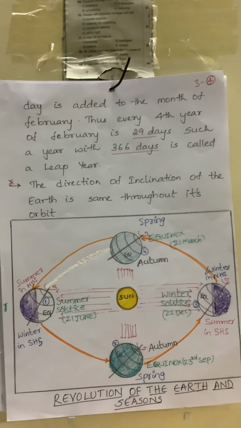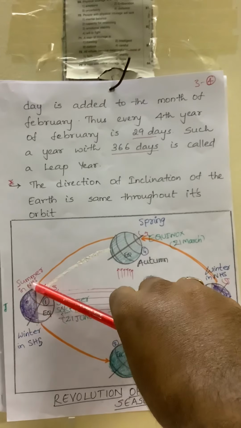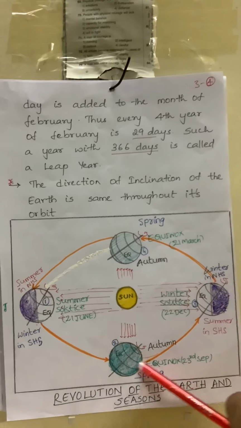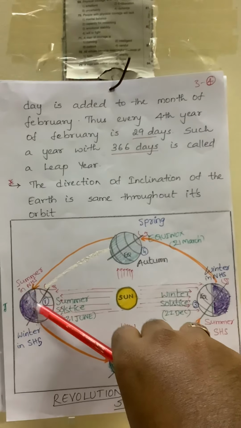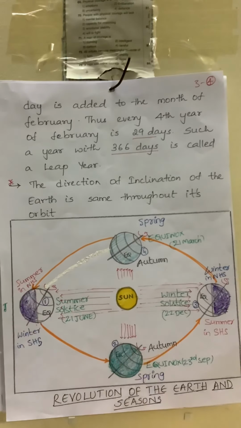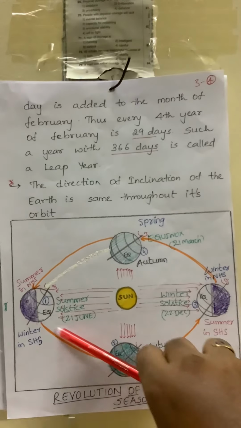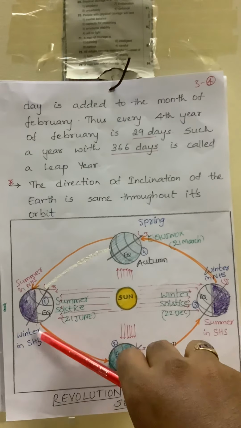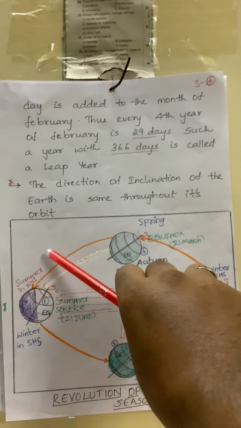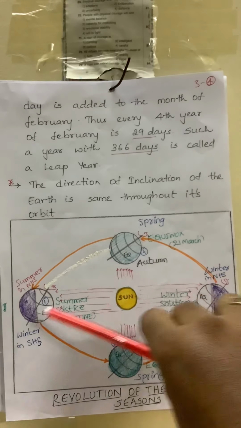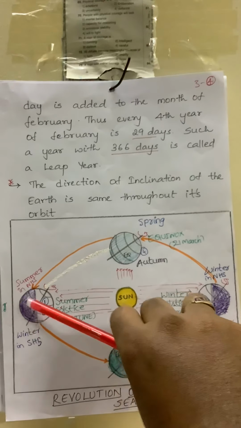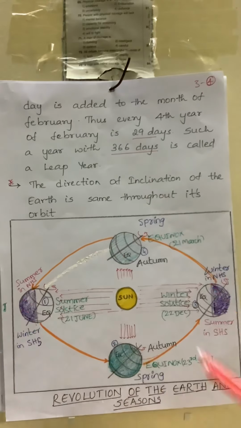Next point, the direction of inclination of the Earth is the same throughout its orbit. So at any position of the Earth throughout its orbit, take any point on the orbital plane, if you see, the direction of inclination of the Earth is the same.